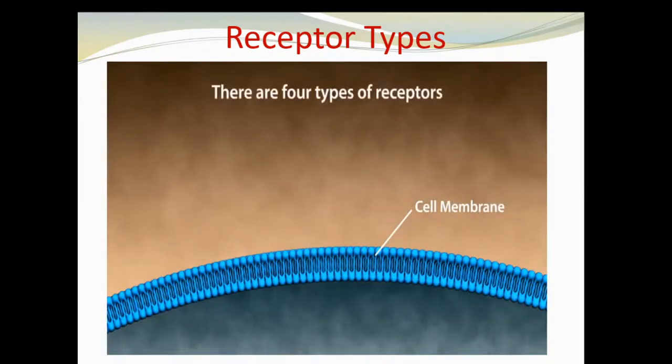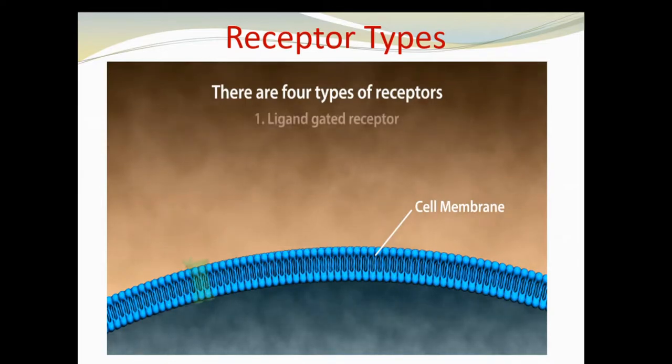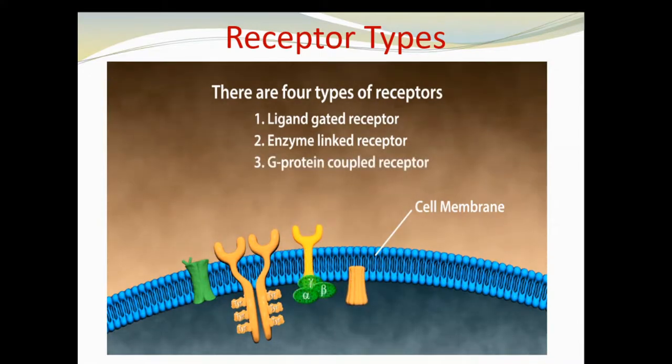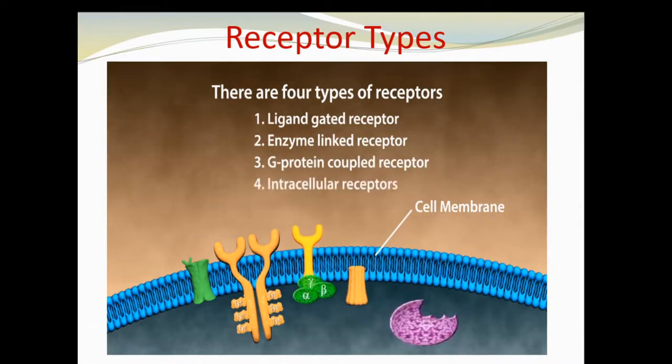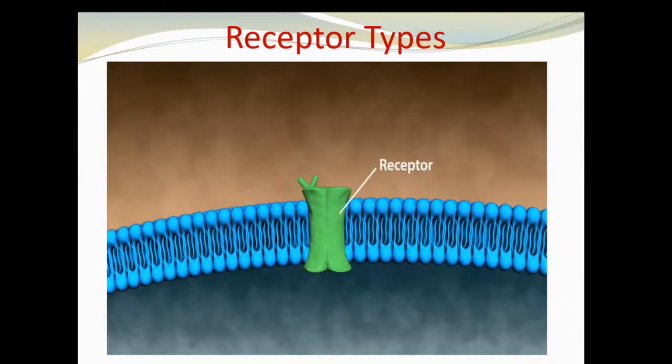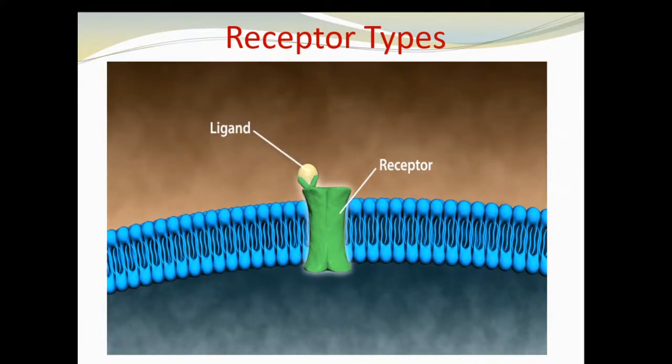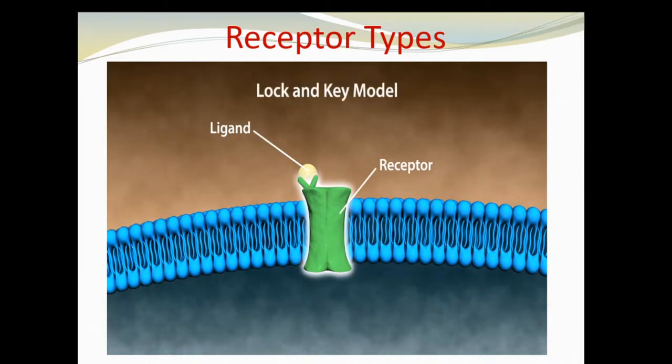There are 4 types of receptors: ligand-gated receptors, enzyme-linked receptors, G protein-coupled receptors, and intracellular receptors. Receptors have a specific site to bind molecules or ligands. This is called the lock and key model.